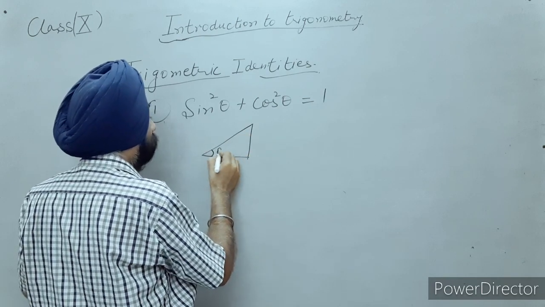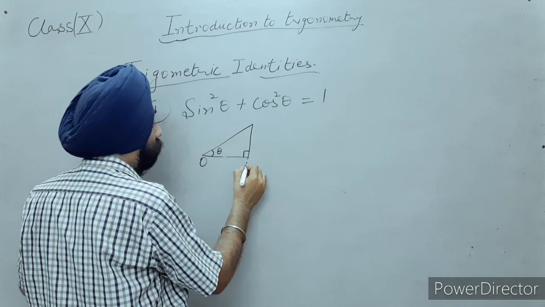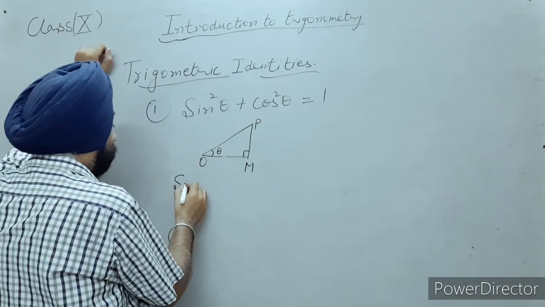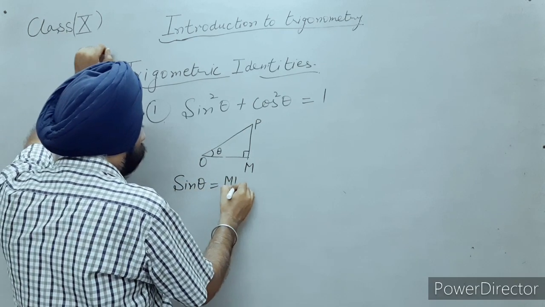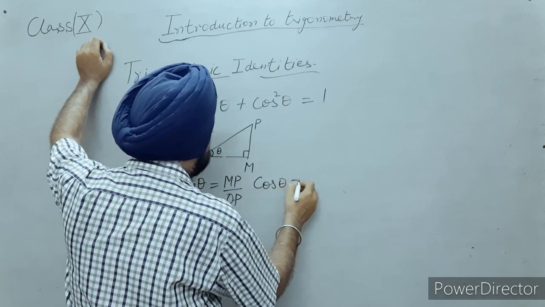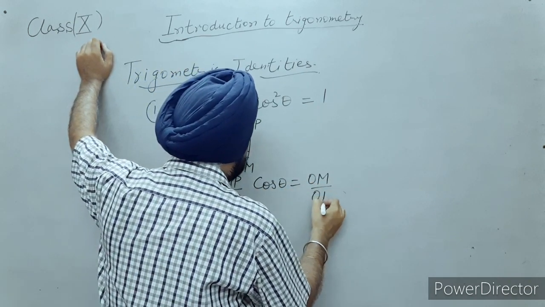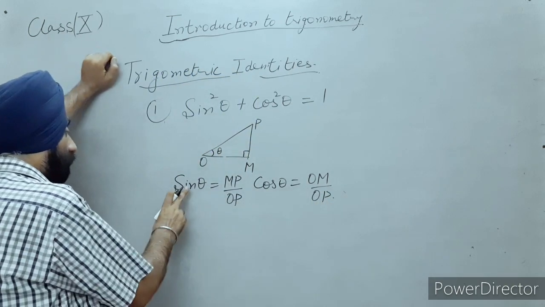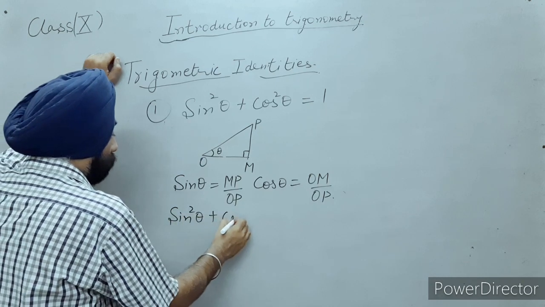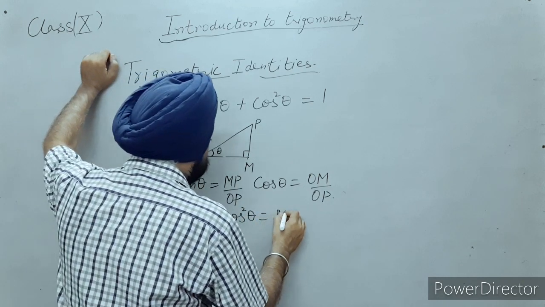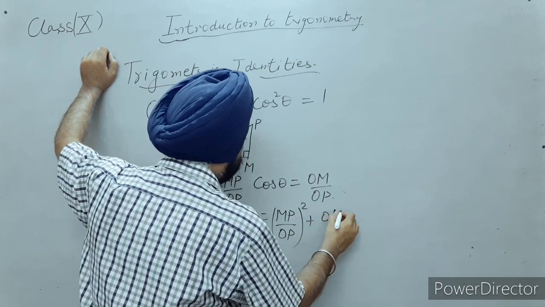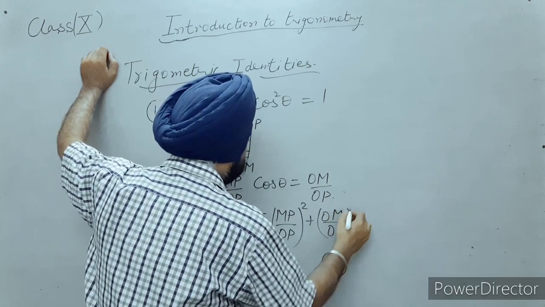Right angle triangle OMP, this is 90 degree. Now, what is sine of the angle theta? It's perpendicular upon hypotenuse. What is cosine of the angle? It is base upon hypotenuse. Now I square and add. Sine square plus cos square becomes MP upon OP, whole square, plus OM upon OP, whole square.